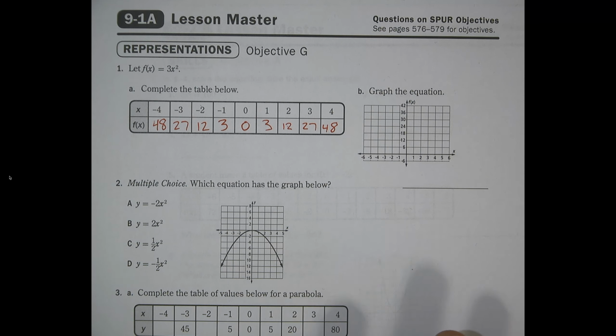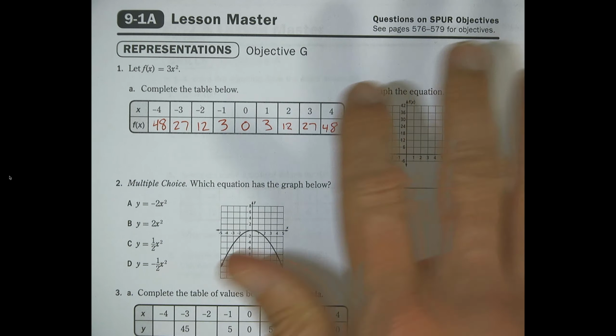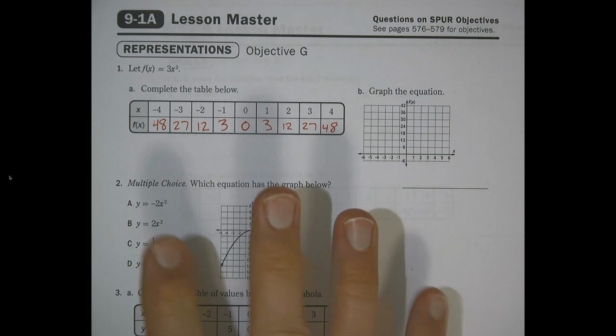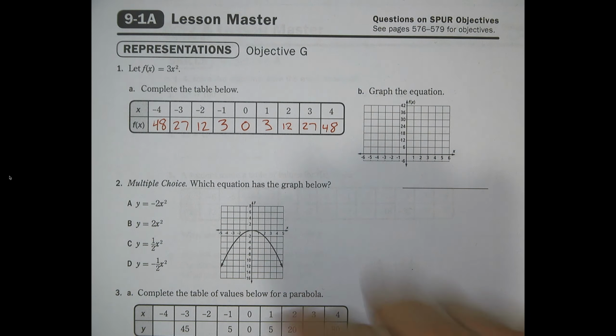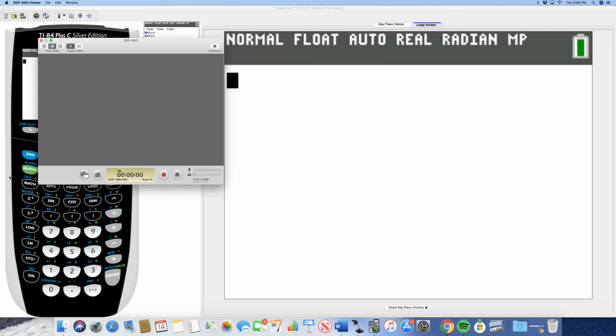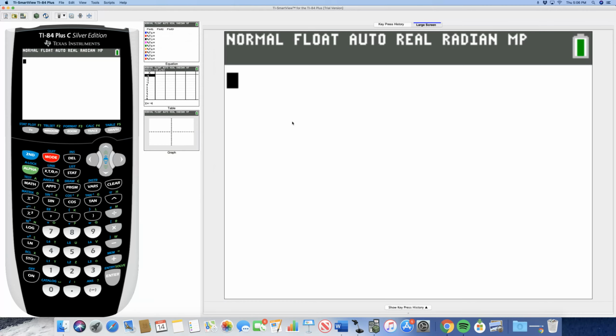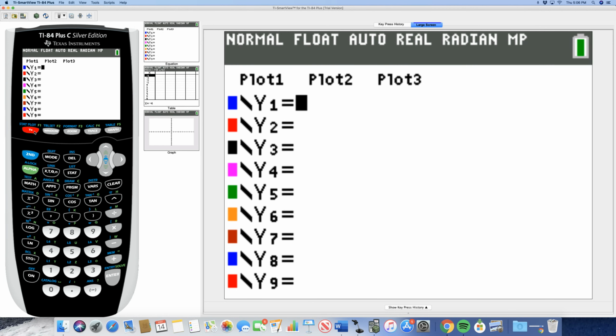Now, let's say for a second you wanted to do this in the graphing calculator. You have access either to a handheld or you downloaded the one on the computer. Let's take a look at what that looks like. If I wanted to make a table to fill this in, I would go to my y equals, and I have to put in the function 3x squared.